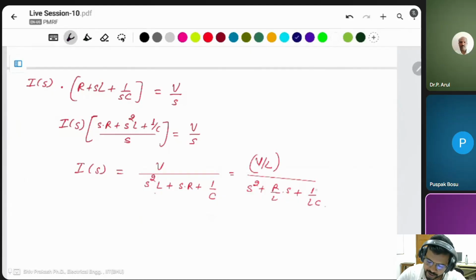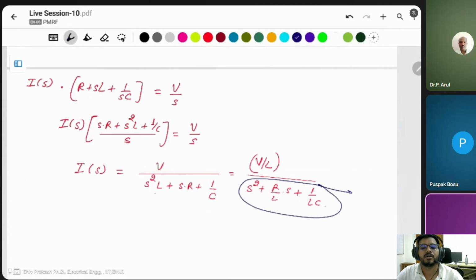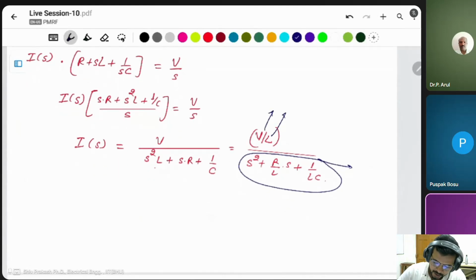This is the denominator, and the numerator does not affect the system's nature because the voltage and L are constant. You know about the second order system, the response of a second order system.